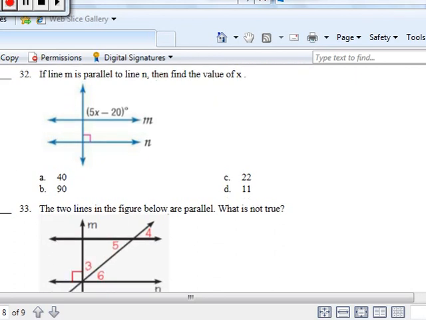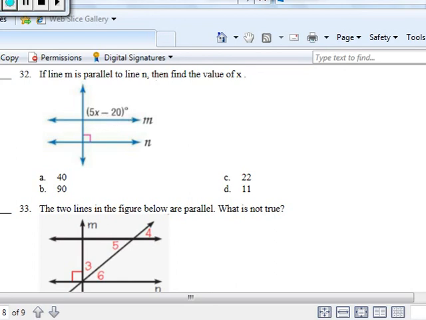Number 32, line M is parallel to line N. Therefore, the two angles that are given, what type of angles are they? They are both right angles, and the relationship between the two is corresponding. These two corresponding angles have to be congruent. So like you said, they're both right angles. So your equation, 5x minus 20, would have to equal 90.